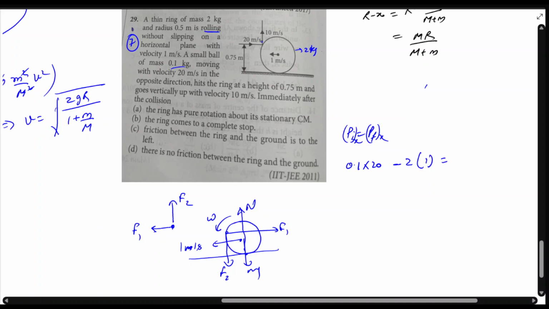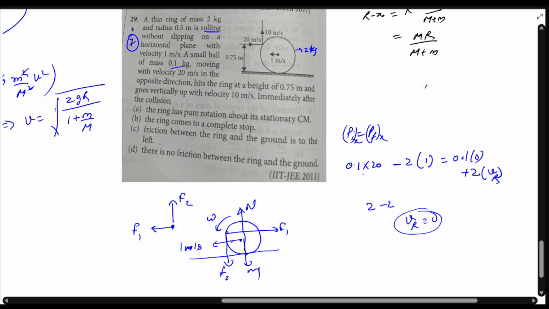Final, there is no horizontal velocity of this small ball, right? So I'll just write 0.1 into 0 plus 2 into v, let's say this is v final of the ring. So this will be 2 minus 2, so this is 0. So the final velocity of the ring turns out to be 0.